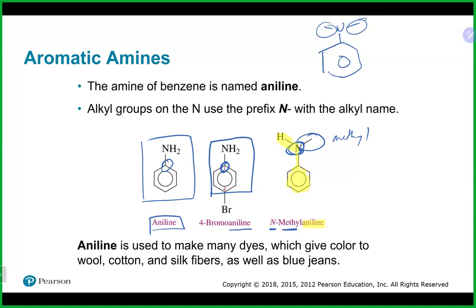Here we would do N,N, and this would be N,N-dimethylaniline in this case. Again, the N,N represents that we have a methyl group on the nitrogen. They're both attached to the nitrogen. So kind of the same idea as we do with numbers in this case. Any questions on that there?